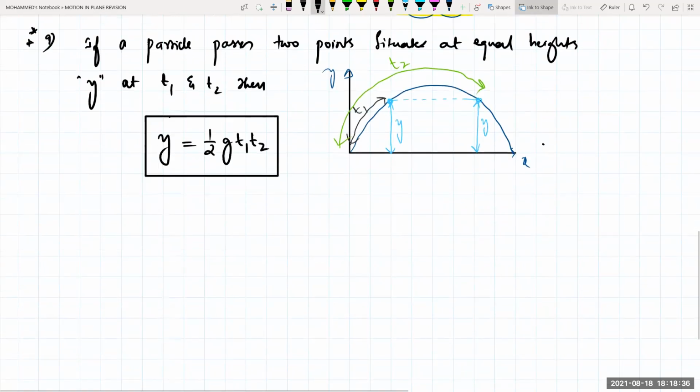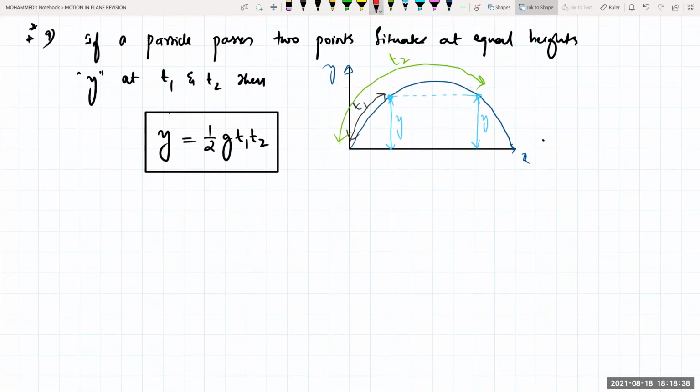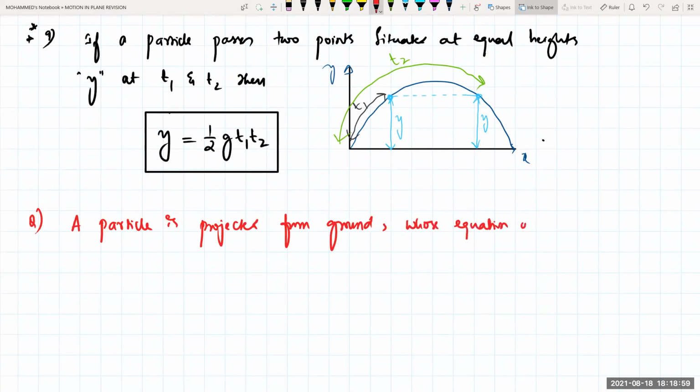Now let us try to do some problems based on this. See the first question. A particle is projected from the ground whose equation of trajectory is given by y is equal to a into x minus b into x square, where a and b are constants.